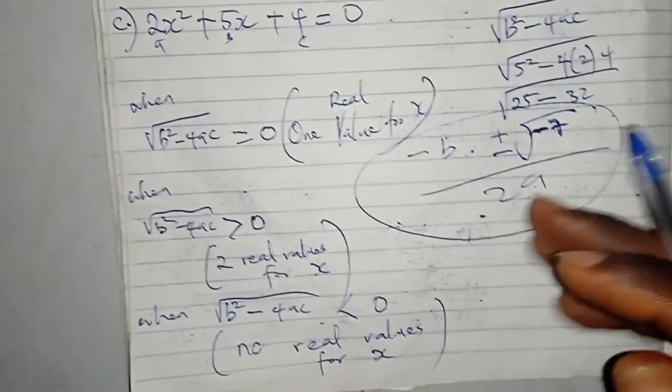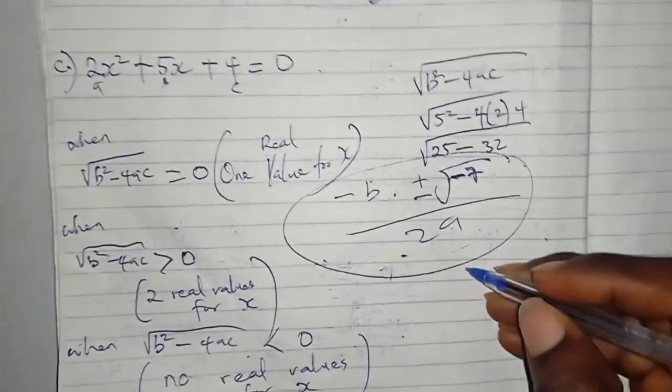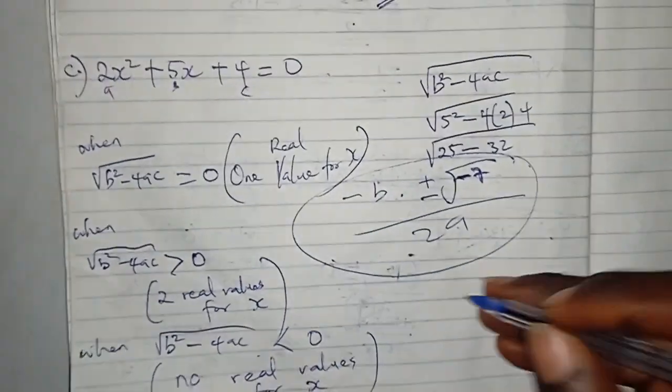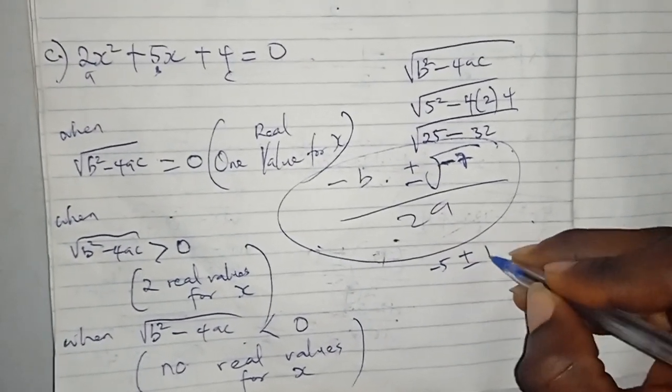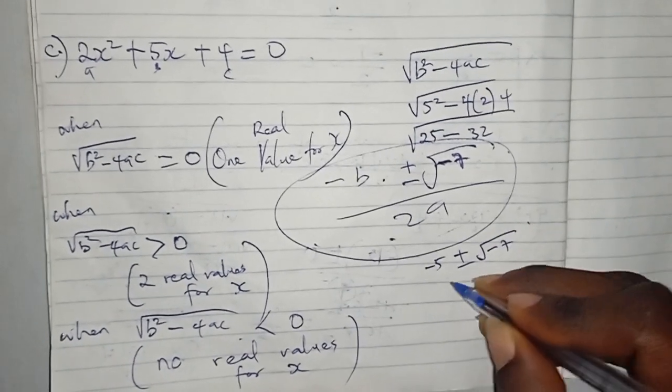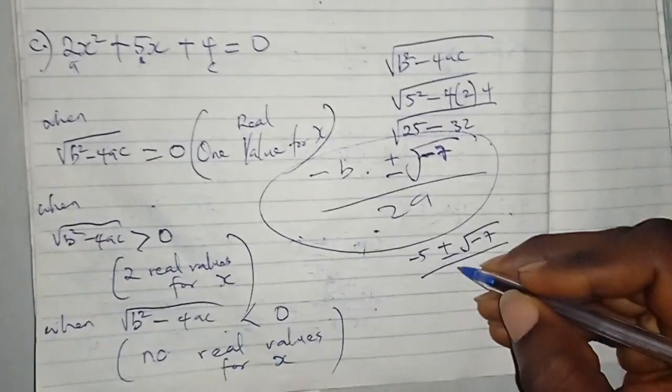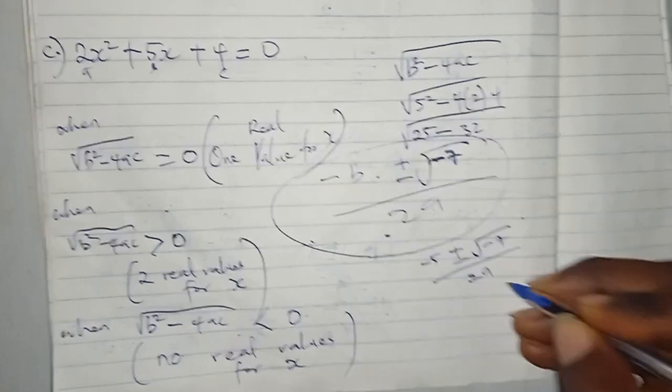So with that said, now that we've done this, we still have time. I was checking my time. So I have minus b, this is minus 5 plus or minus root minus 7 all over 2a.